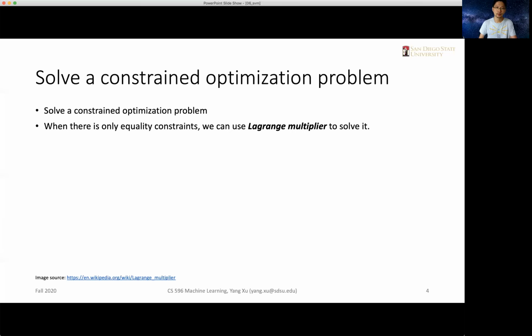Lagrange multiplier, okay? Lagrange is the name of a French mathematician.